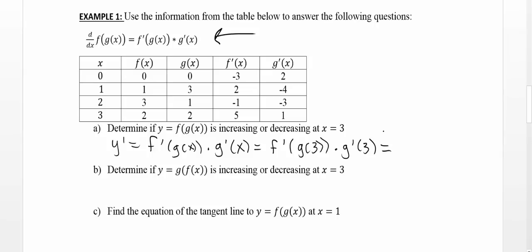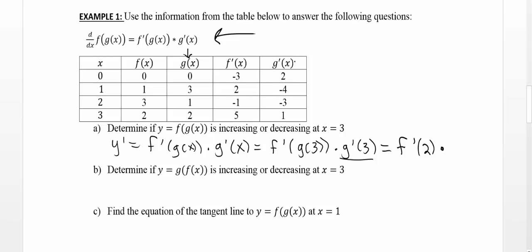Now, two of those things that I see here I can find on my table. g of 3, which is inside the f prime function, I can go to the g column here. I can go down to number 3, and I see that that has a value of 2. So that means I can substitute that in. So I'm looking for f prime of 2 times g prime of 3.